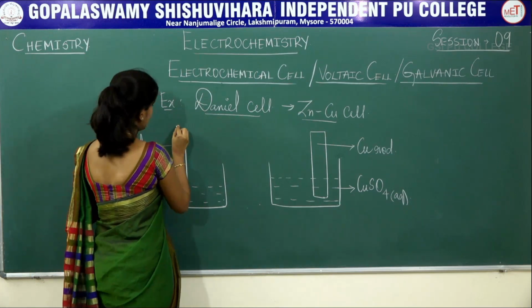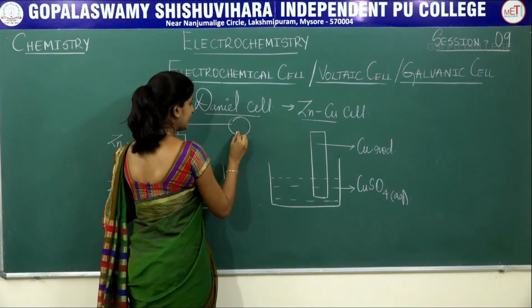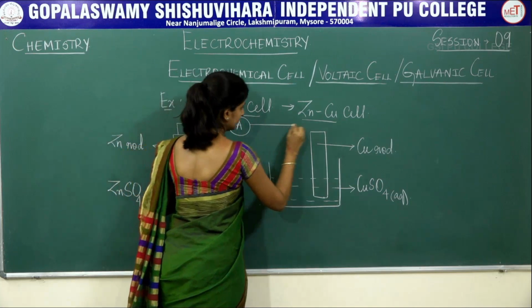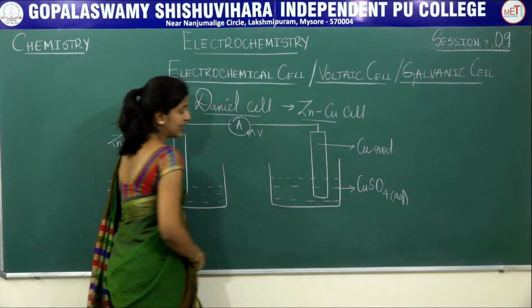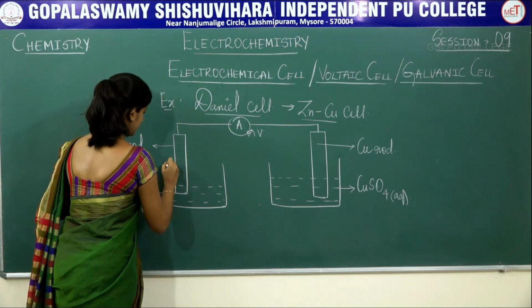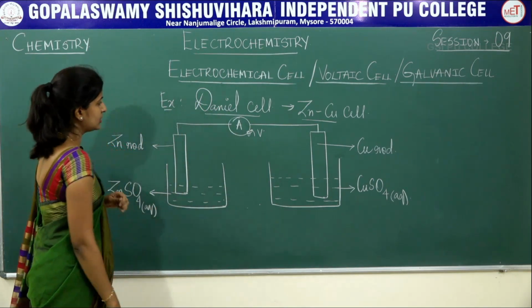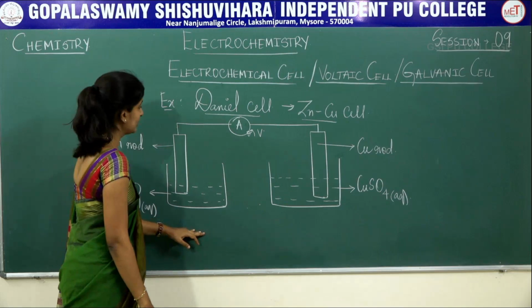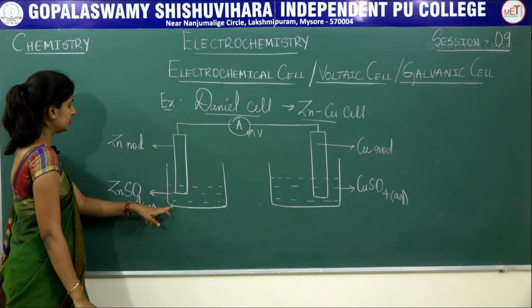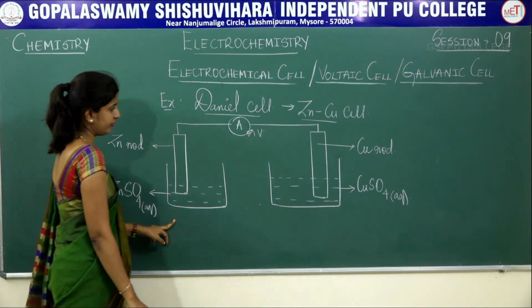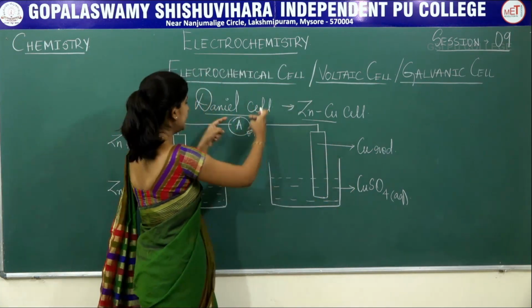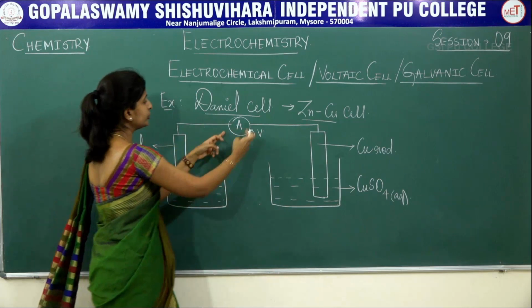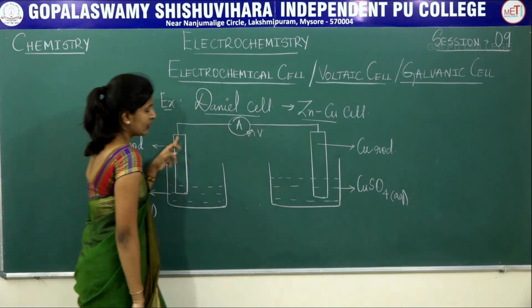These two rods are connected to a voltmeter or an ammeter, both can be attached. So this is the setup of your Daniell cell. The zinc rod is dipped inside the zinc sulfate, the copper rod is dipped inside the copper sulfate solution. Externally it is connected to a circuit through an ammeter.